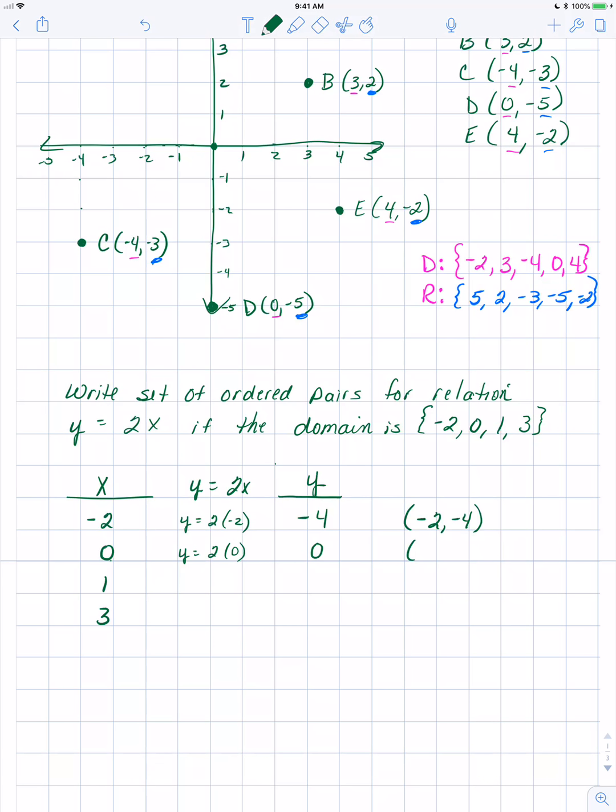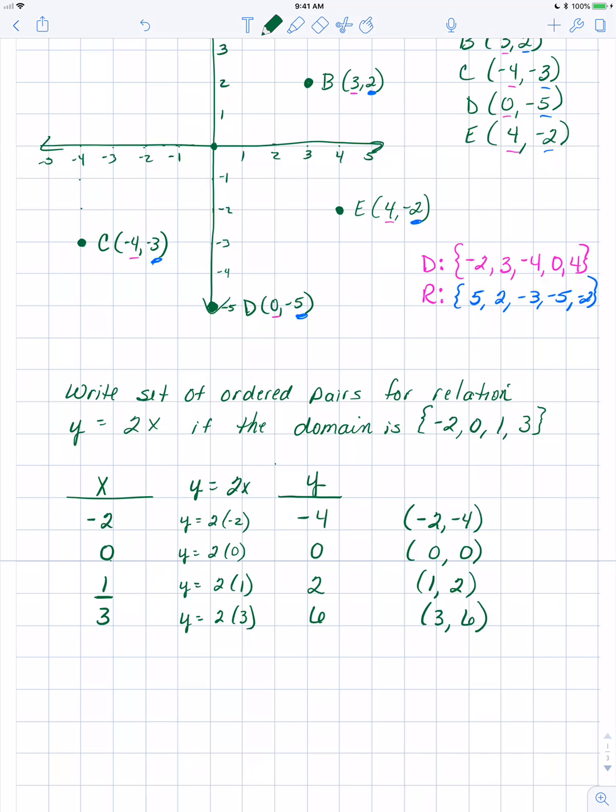So that ordered pair is 0, 0. Well, now x is equal to 1. So y is equal to 2 times x, which is 1. So 2 times 1 is 2. So that ordered pair is 1, 2. Now if x is 3, y is equal to 2 times x, which is now 3. So 2 times 3 is 6. So that ordered pair is 3, 6.